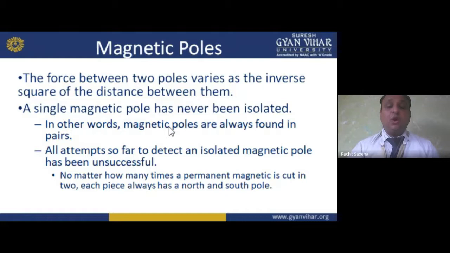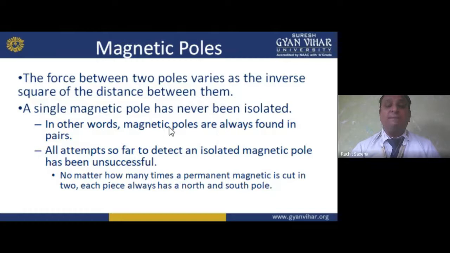Now, all attempts so far to detect an isolated magnetic pole have been unsuccessful. So many experiments were done to identify an isolated pole, meaning a piece with only a north pole and another piece with only a south pole, but it was unsuccessful.